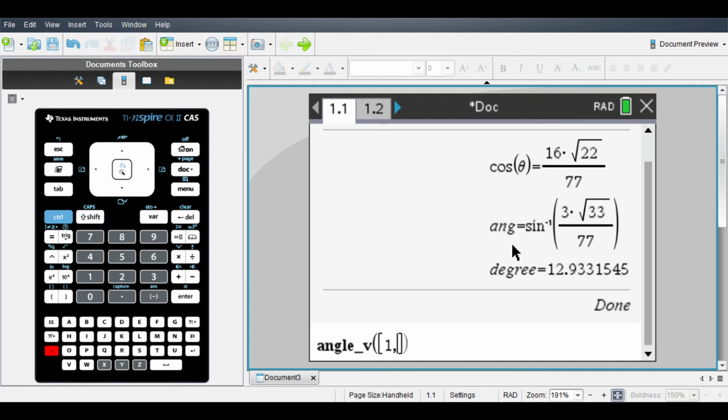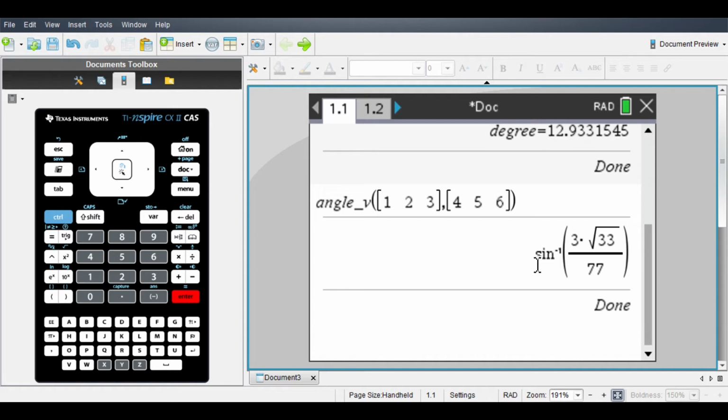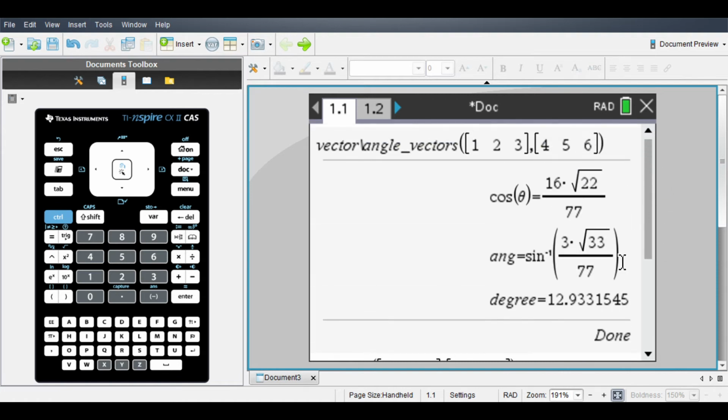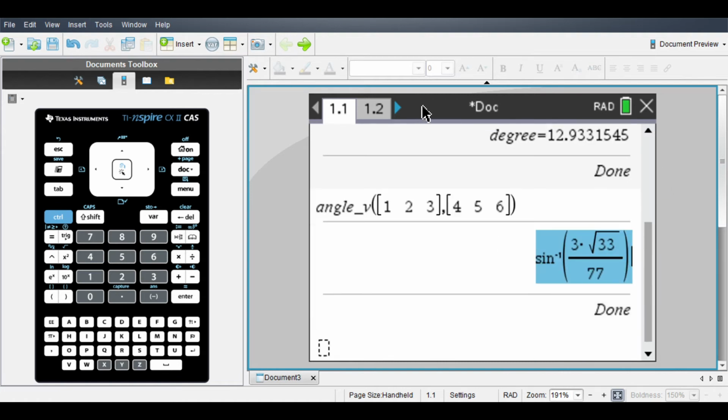And for the sake of comparison, I'll just use the same input. Right, and we can see that what we get agrees with what we have before. So that's a good first step. And now to upgrade this program, we can give two answers, one in radians and one in degrees, right?